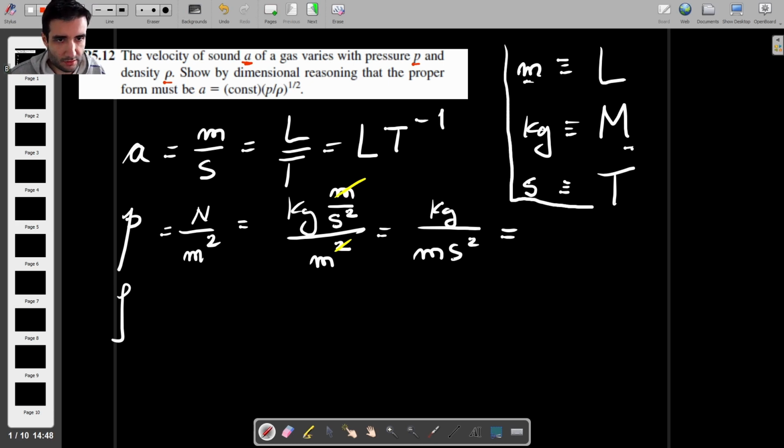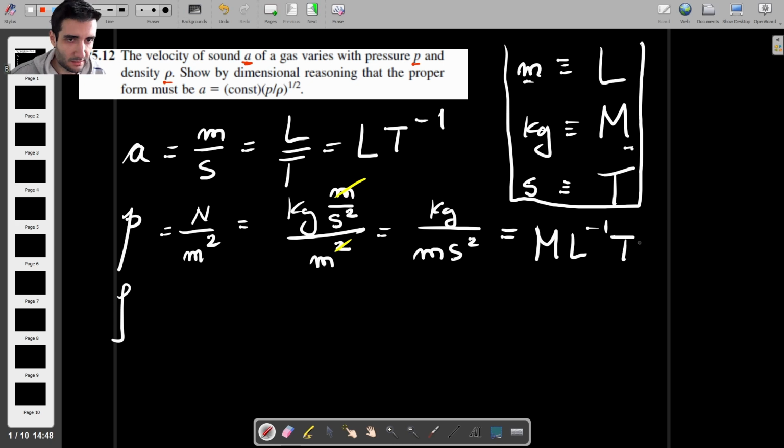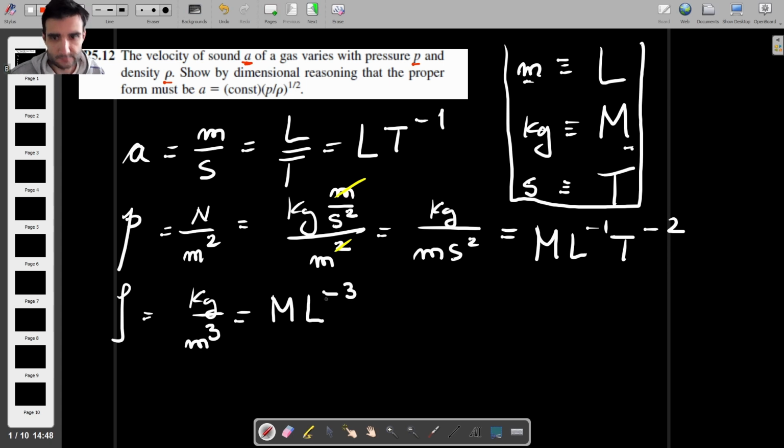Let's put a rectangle around those. So kg is mass, m is L to the minus 1, and then T to the minus 2. Okay, and density is kilogram per meter cubed. So kilogram is mass, meter cubed is going to be L to the minus 3. Okay, so that's what we have.